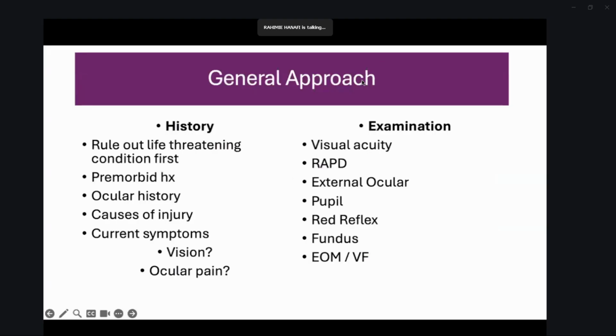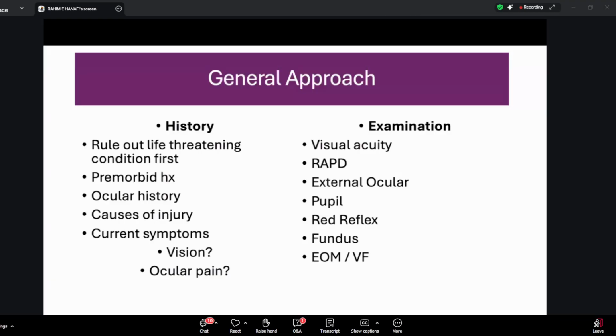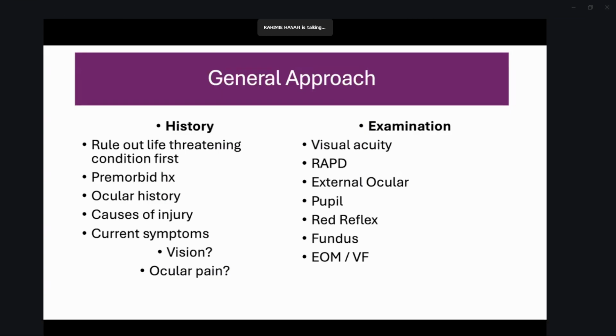So, the general approach when we see cases of ocular trauma: first is the history. For those cases, especially ones involved in a motor vehicle accident, we have to rule out life-threatening conditions first.